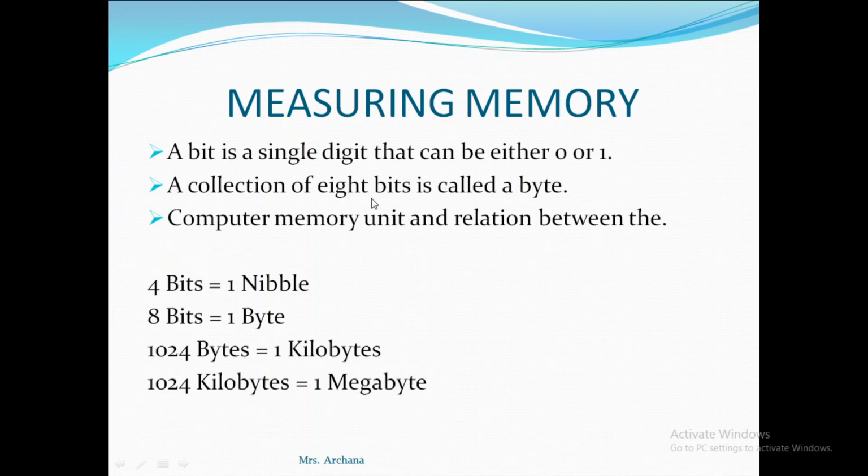A collection of 8 bits is called a byte. The relation between computer memory units is 4 bits equal 1 nibble, 8 bits equal 1 byte, 1024 bytes equal 1 kilobyte, 1024 kilobytes equal 1 megabyte. These are the relationships of the computer memory units.